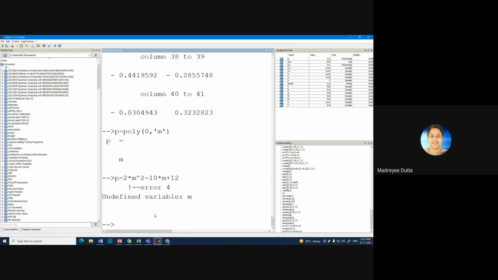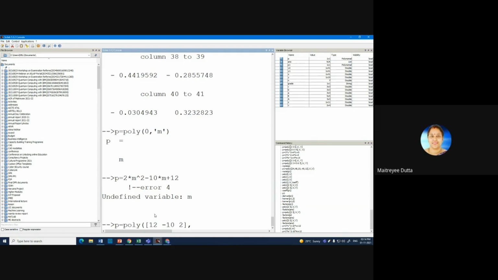Okay, no problem. Let me just describe a polynomial like this. Poly, then let me take the constant as 12, then minus 10, then 2, right?